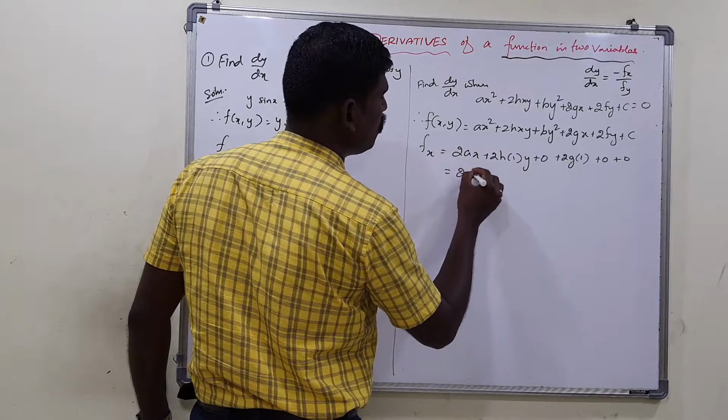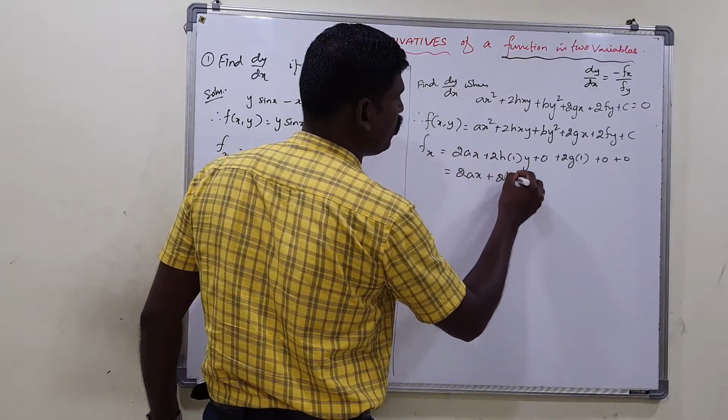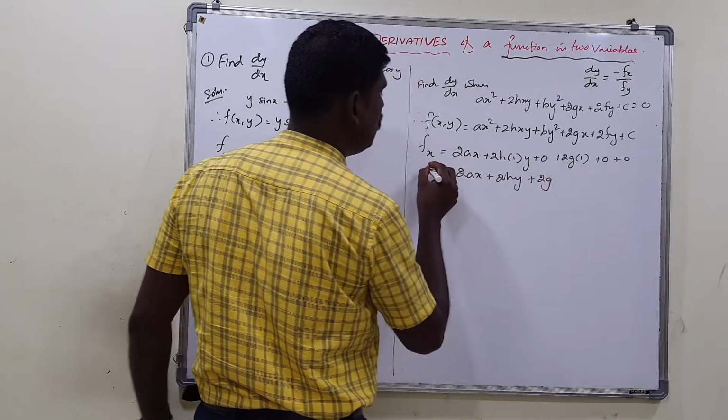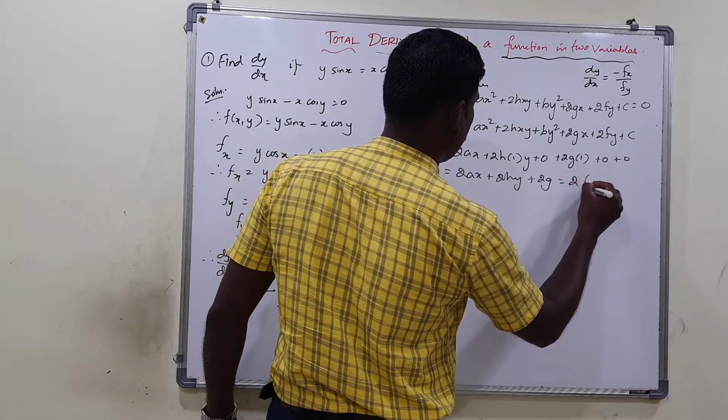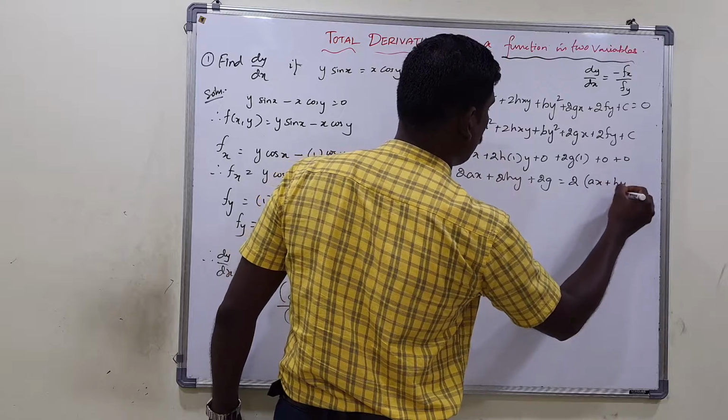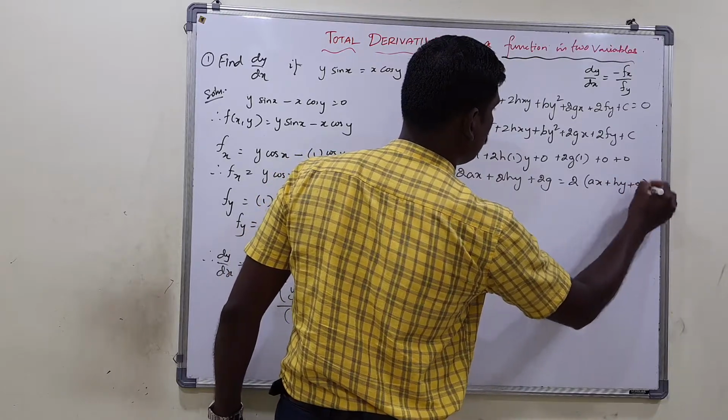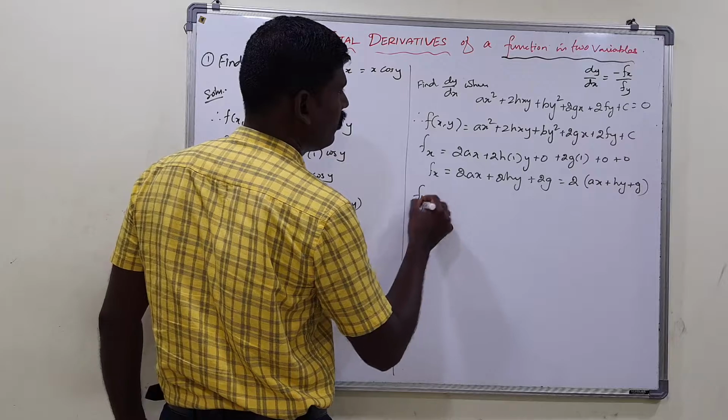So this can be written as 2ax plus 2hy plus 2g is the value of fx, right? We can take 2 common, so ax plus hy plus g. Then what is fy?